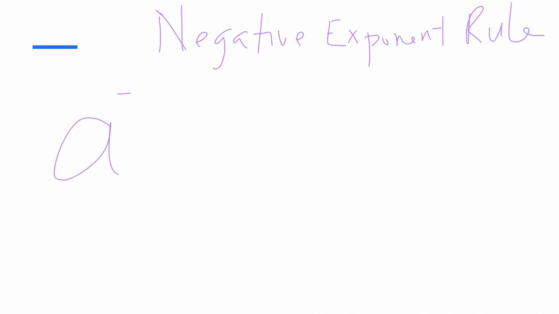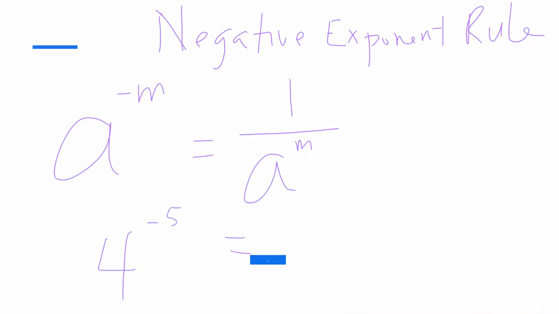A to the power negative m, so it's got a negative exponent, will equal 1 over a to the power m. Which means if I've got a negative exponent, I could just bring it down, and then on top, I'm going to have 1 as the numerator. So 4 raised to the power negative 5 equals 1 over 4 to the power 5.